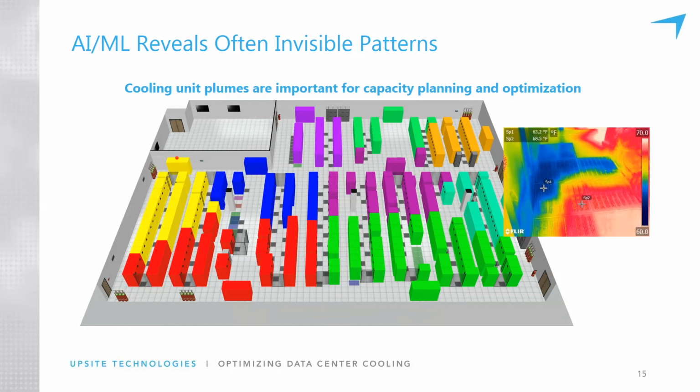You can see on the right-hand side of this slide an infrared image that I took in a data center, and it shows a 5-degree difference in the supply temperature of air coming out of one corner of a supply tile versus the other corner of a supply tile. That's because there was a 5-degree difference in the temperature of the air coming from two adjacent cooling units, and that air was bumping into each other and not mixing.